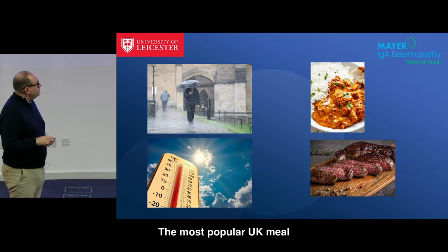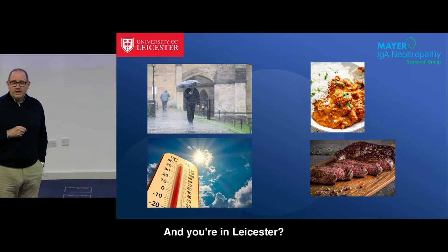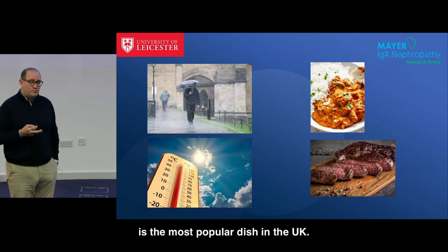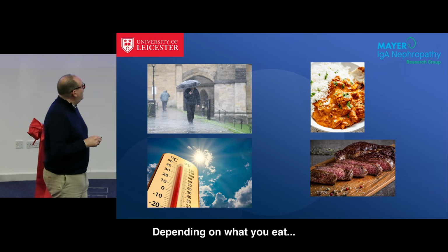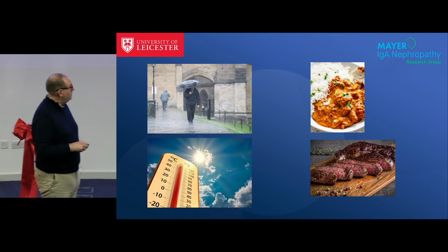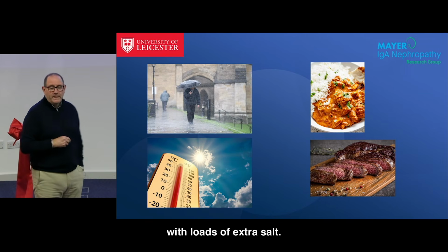Anyone know what that is? The most popular UK meal at the moment? And you're in Leicester? Chicken tikka masala is the most popular dish in the UK. Depending on what you eat, and here is what we eat generally when I go to the States, a lovely big steak with loads of extra salt.